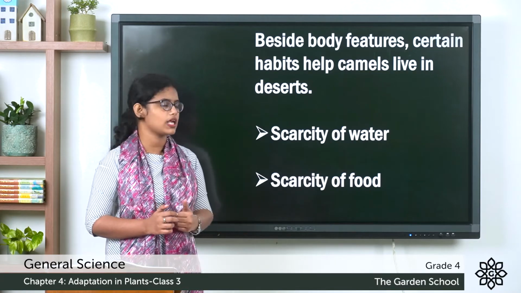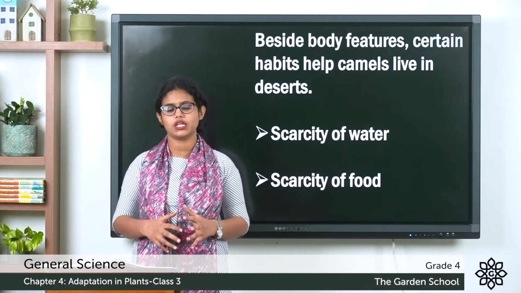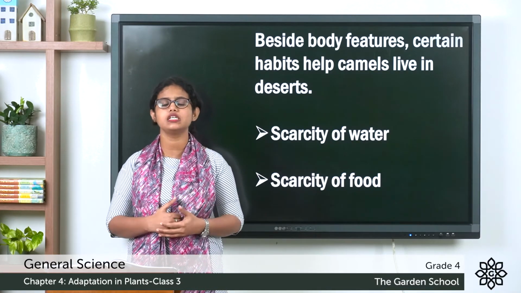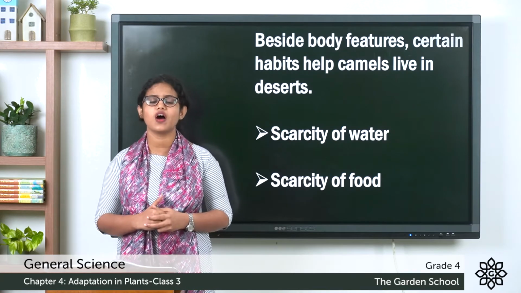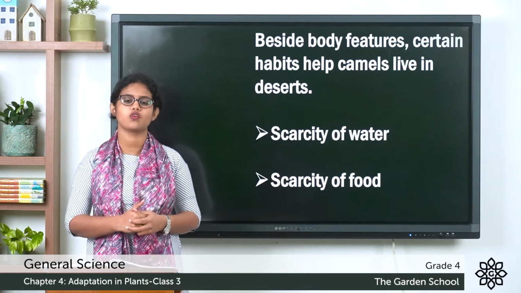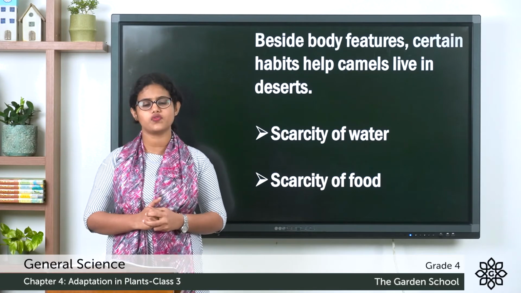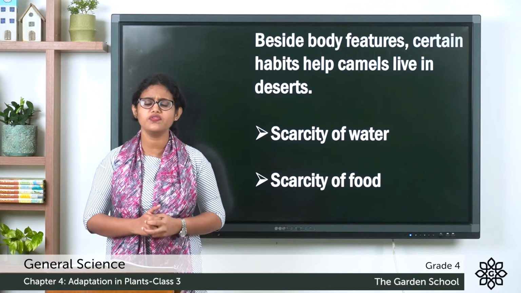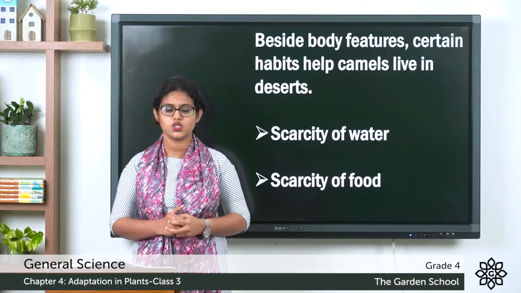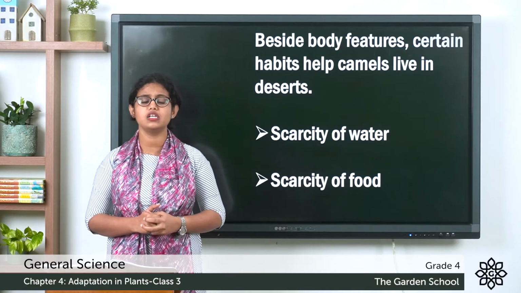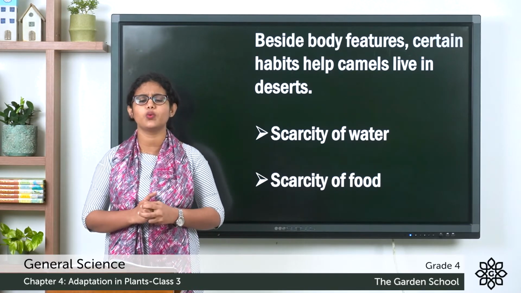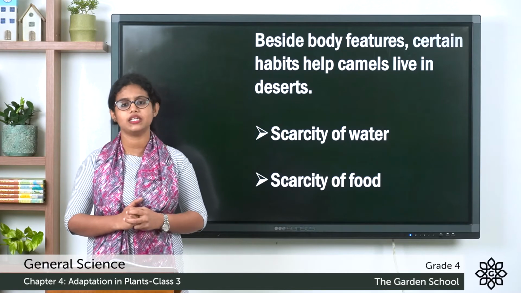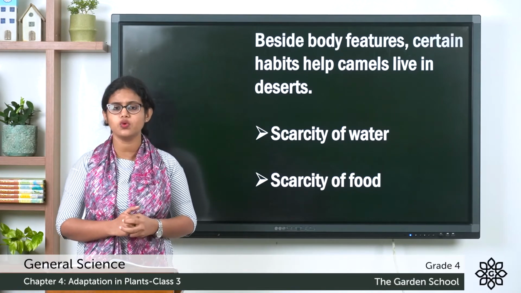And the next one is scarcity of food. The next habit that helps these animals to survive in desert is because of the scarcity of food. Very few plants grow in desert. So these camels can live in desert even without eating food for many days. But when they get food, what do they do?